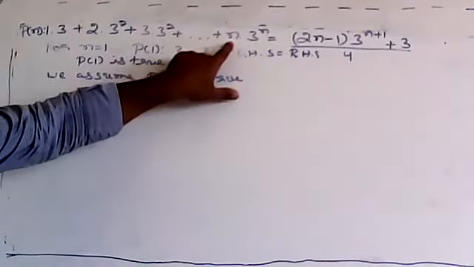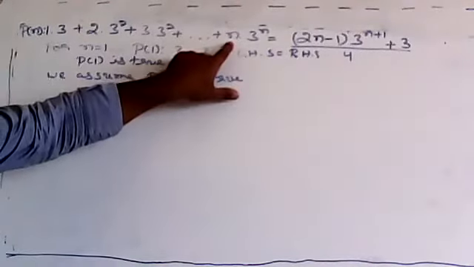So P of k is 1 into 3 plus 2 into 3 square plus 3 into 3 cube plus and so on up to k into 3 to the power of k, which is equal to (2k minus 1) into 3 to the power of k plus 1, plus 3 by 4. Correct or not? So just in the place of n, we are taking k.